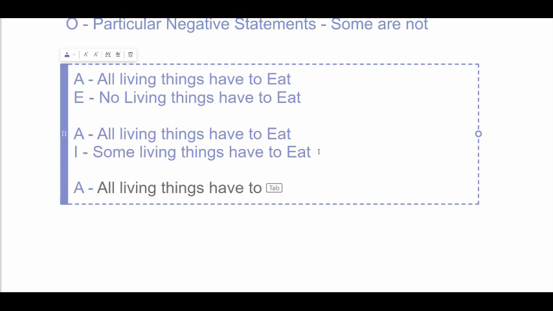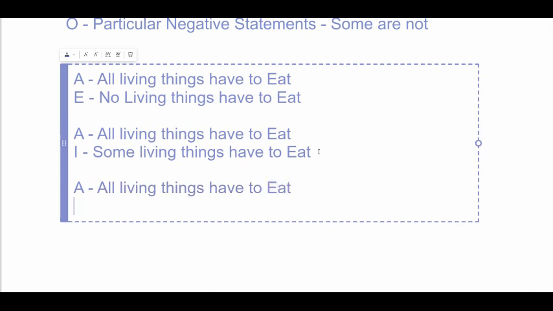So here also, all living things have to eat. This is the A proposition type. The O proposition type would be some living things do not have to eat, because some are not, we have mentioned it here.